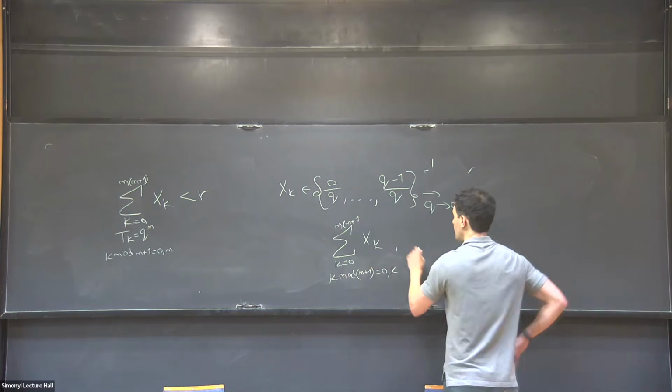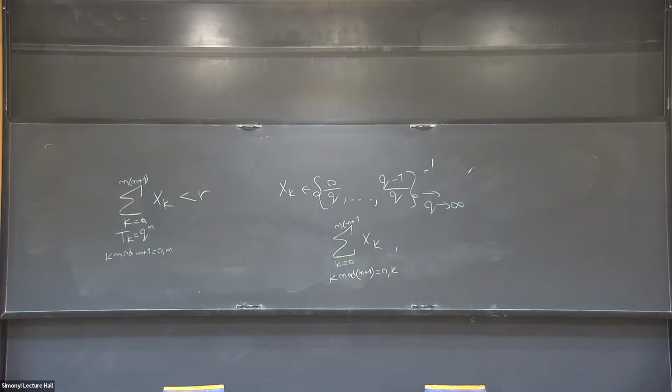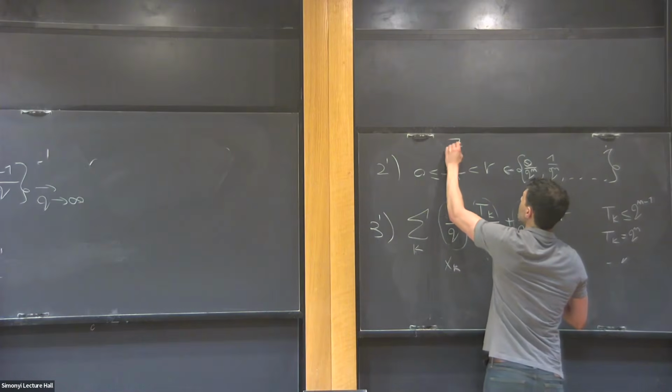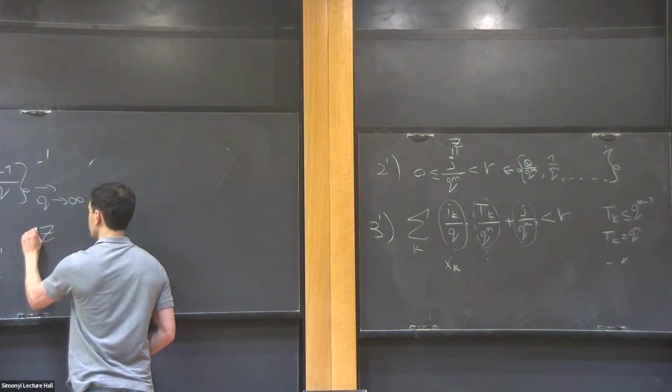And we have the other constraint, the asymptotic constraint, which is this. We call this Z. We have the other polytope defined like this here.